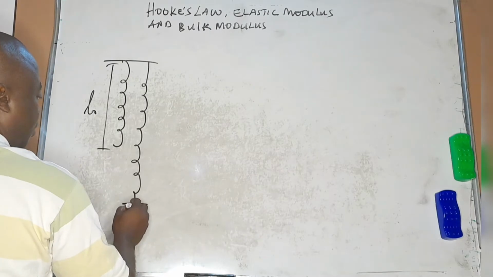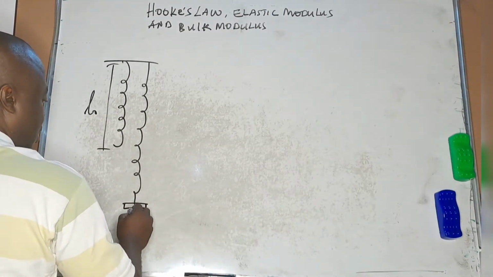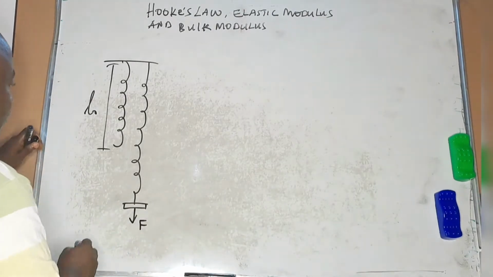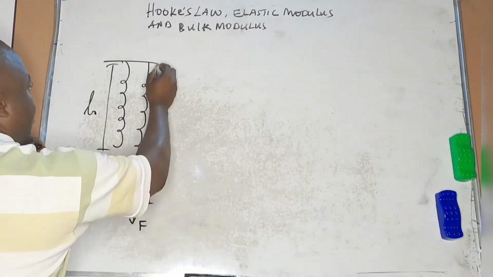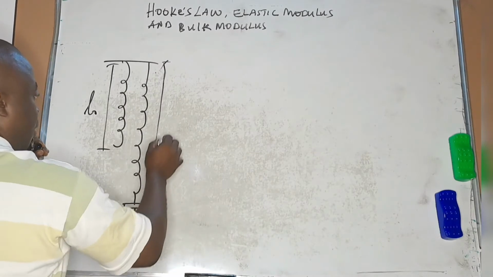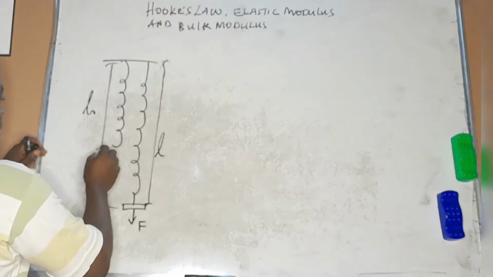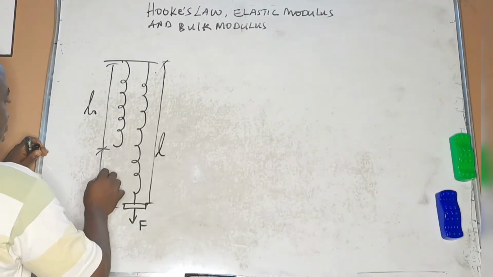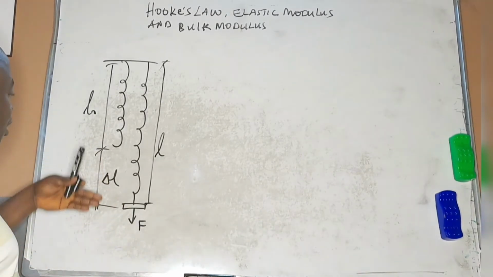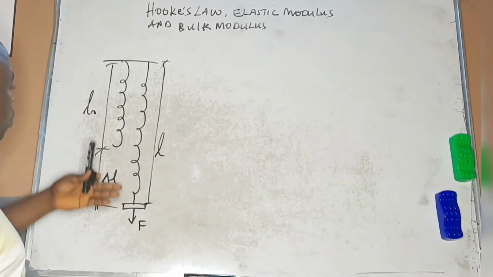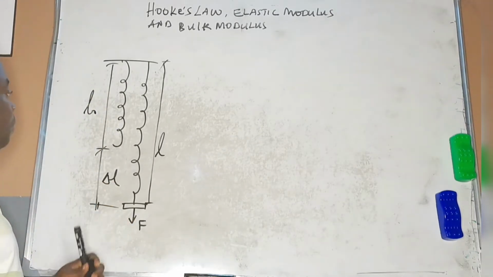There is an extension by the application of F. Now, the new length becomes, for instance, L. So from this point to this point is the change in length. The application of force has produced an extension from what it was to what we now see it is.